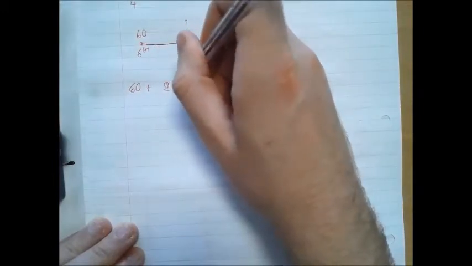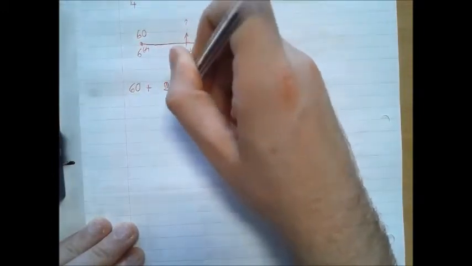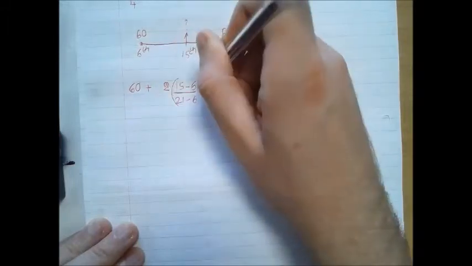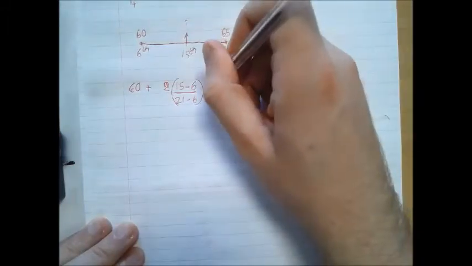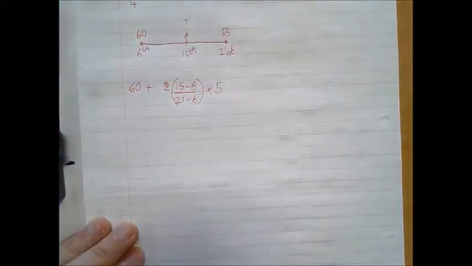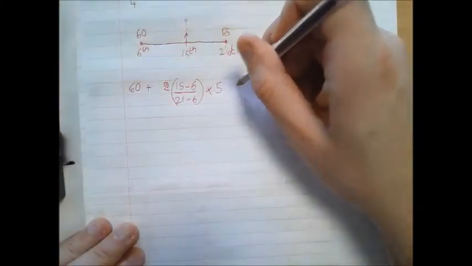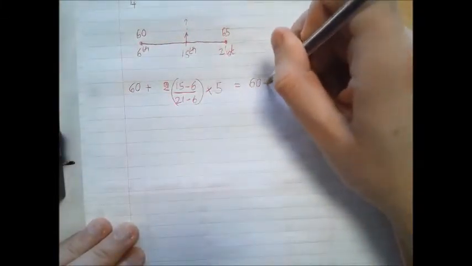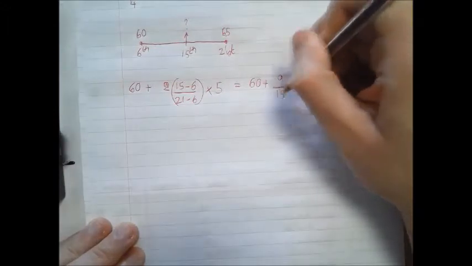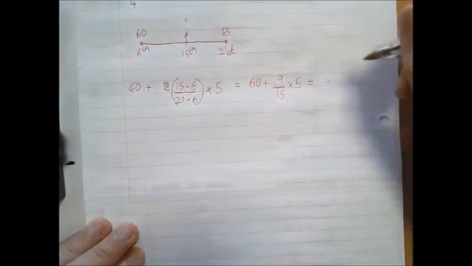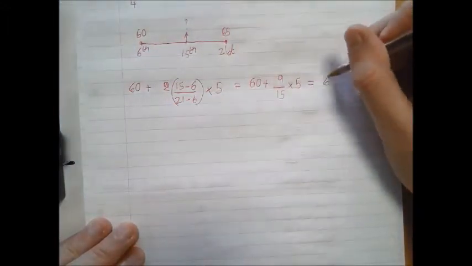Again, your normal linear interpolation. So that will be 60 plus 15 minus 6, over 21 minus 6, and times by 5. This will give us 60 plus 9 over 15 times 5, and that will give us 63 degrees.